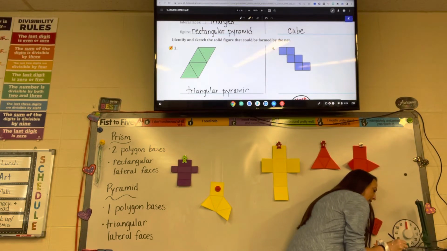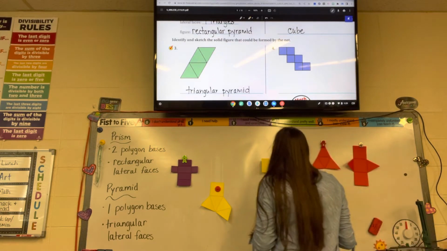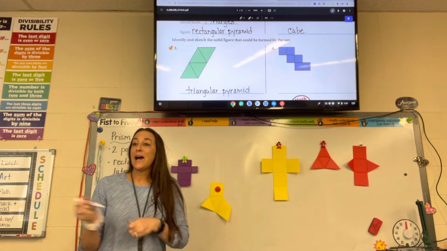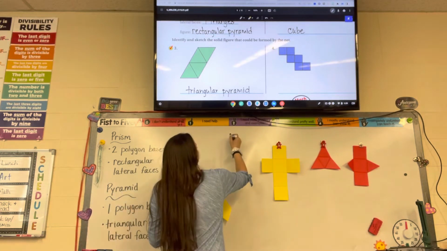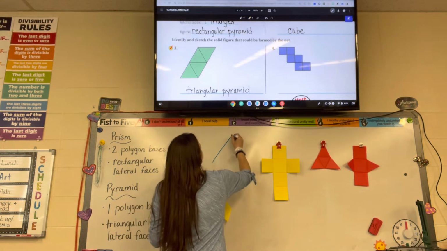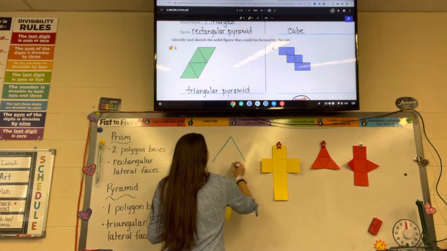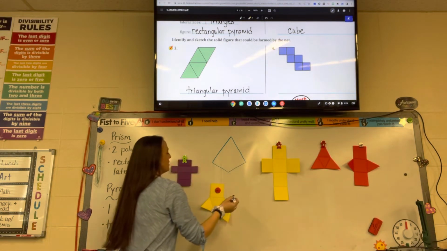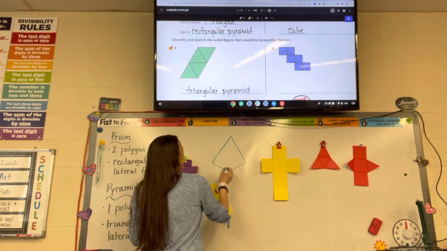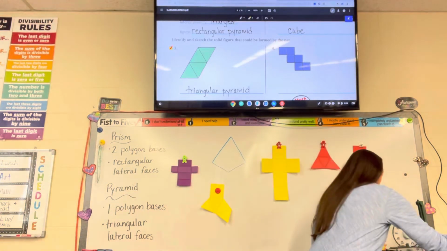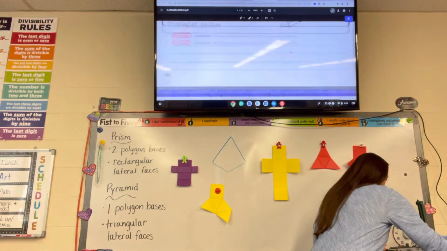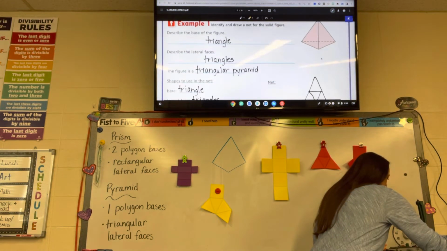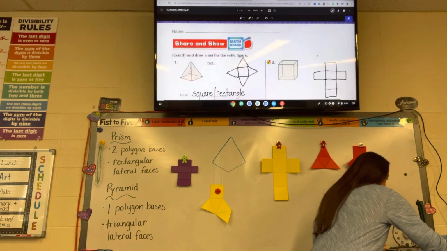And the way that you draw a triangular pyramid is you kind of draw an upside down kite. So you've got a long side, a short side, a short side. So that's your starting point. Then you draw a straight line down and a dotted line across.